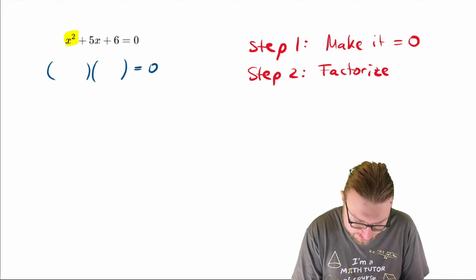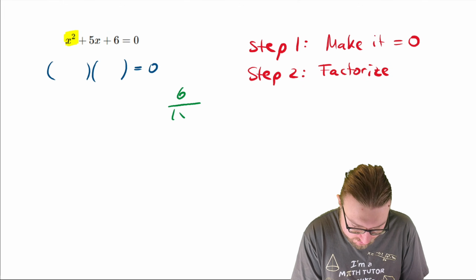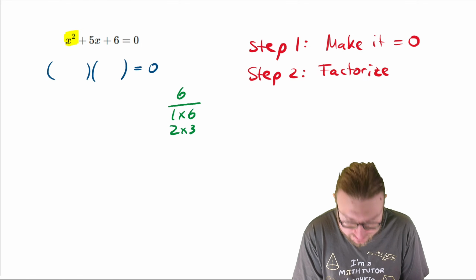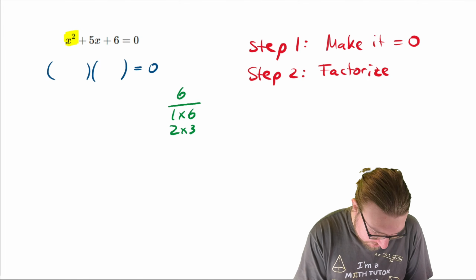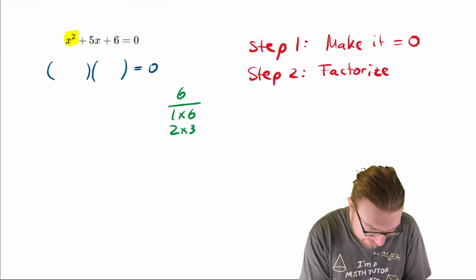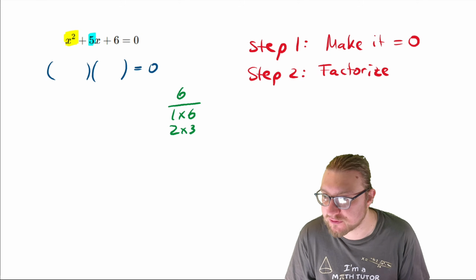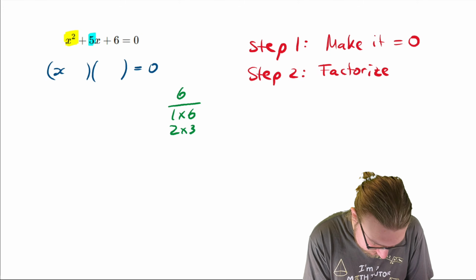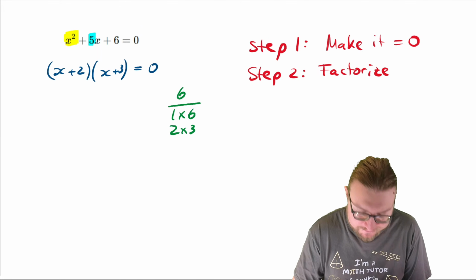Well, that was by writing down the factors of 6. So that is 1 times 6 and 2 times 3. Now, when we have these factors, which ones add together to get 5? That would be positive 2 and positive 3. So we're going to get x plus 2 and x plus 3.